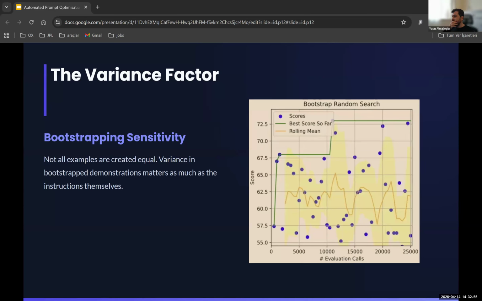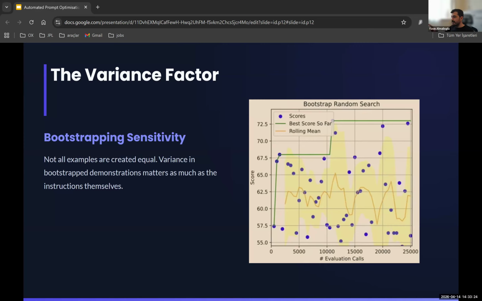And this one is about, so there is a cherry picking problem. Maybe before I talk about this, the blue dots here that you see are validation scores of running with that specific few shot setting.